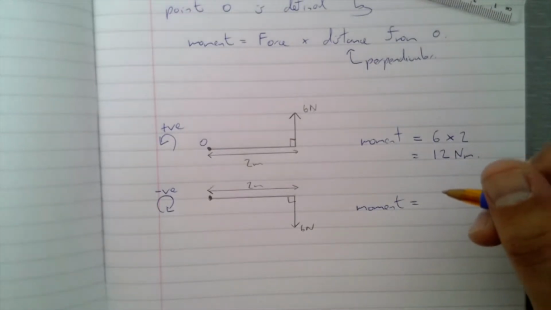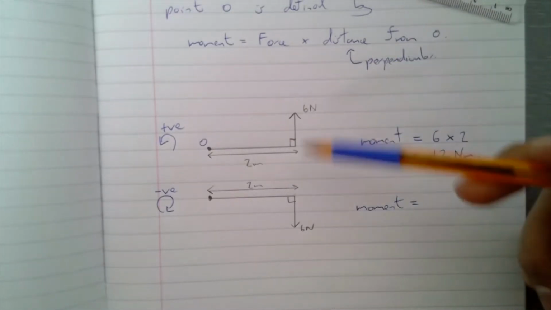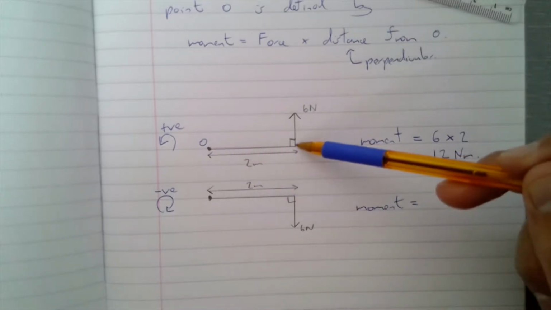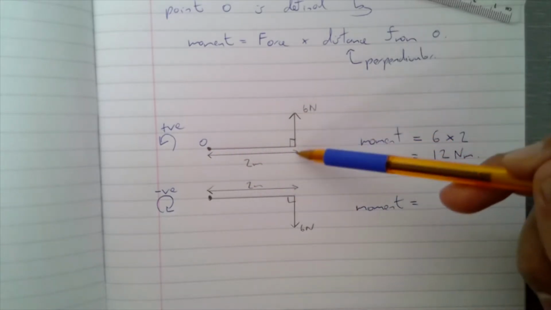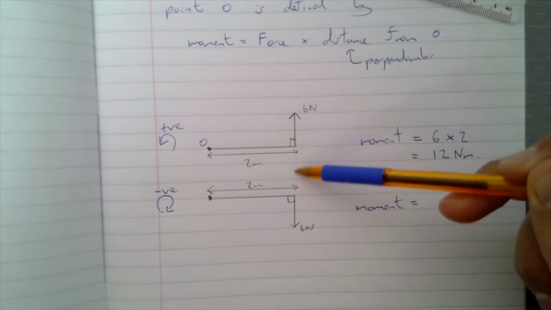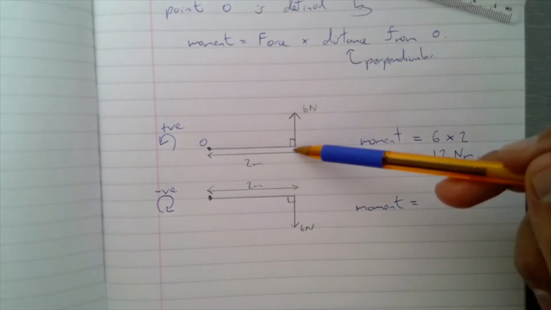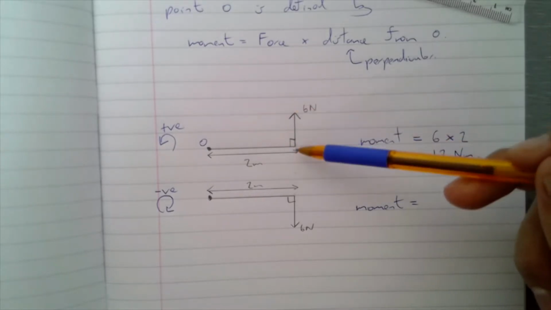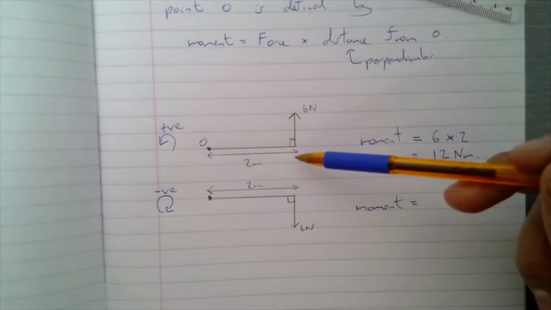The reason for that is essentially if I had one piece of string and someone pulled it up that way with 6 newtons, and another person pulled it this way with 6 newtons, it wouldn't go anywhere because these things are counteracting each other. And we'll look at how the mathematics works with that in a bit, about the idea of something staying in equilibrium, in other words, not moving.